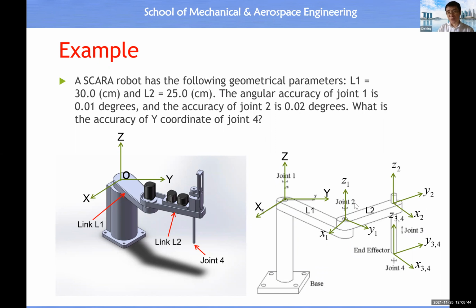So try to pay attention to this relationship. At the coordinate system of link 1, you will see joint 2, because joint 2 is to drive link 2. Joint 2 is not to drive link 1. Therefore, joint 2 is inside the coordinate system of link 1.